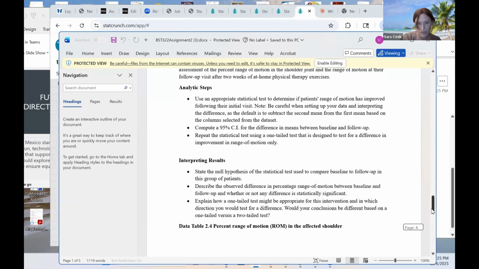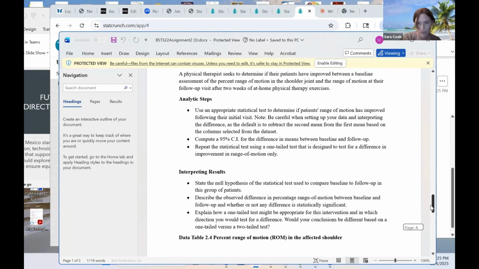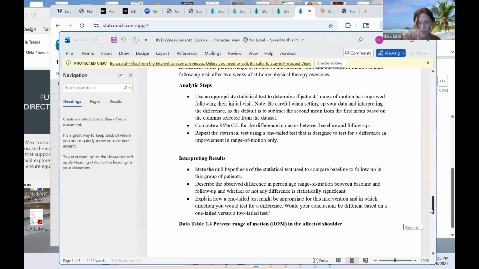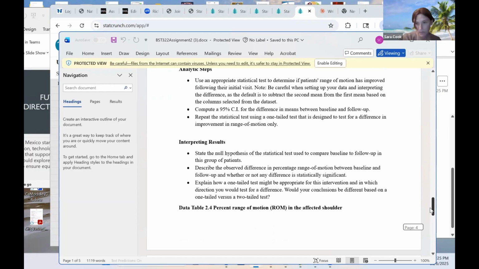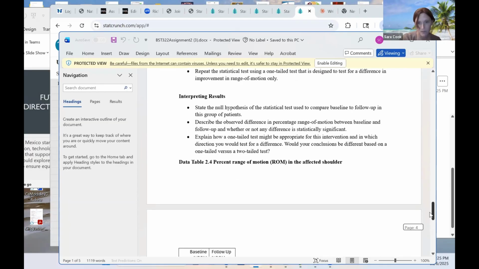Okay, so a little bit here in the interpreting results, it says explain how a one-tailed test might be appropriate for this intervention and which direction you would test for a difference. Would your conclusions be different based on a one-tailed versus a two-tailed test? So we ran both a one-tailed and a two-tailed test. We saw that the p-values were the same, but this is more like, where would you put your money? Are you betting on it being an improvement? Are you betting on it being not an improvement? This is sort of a logical question.